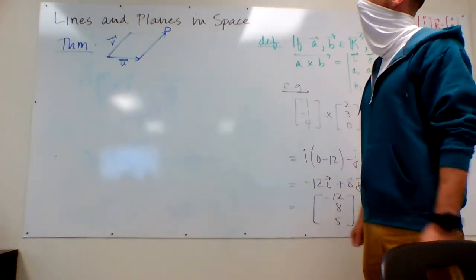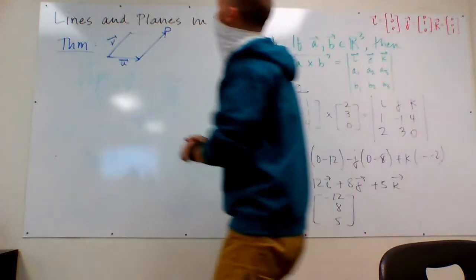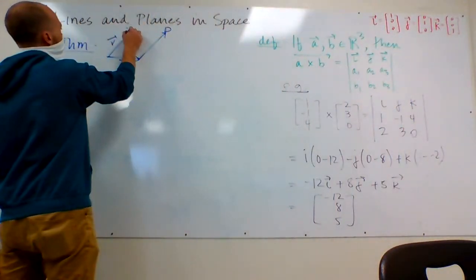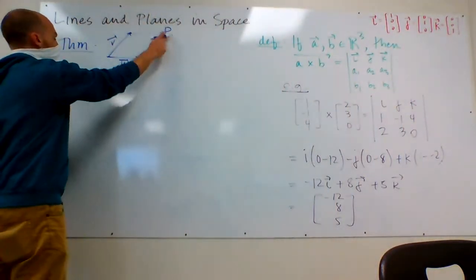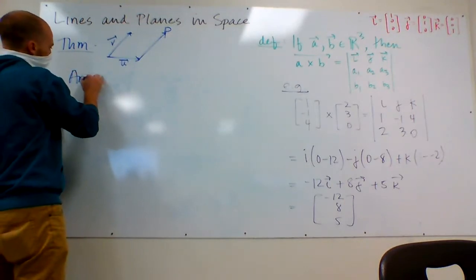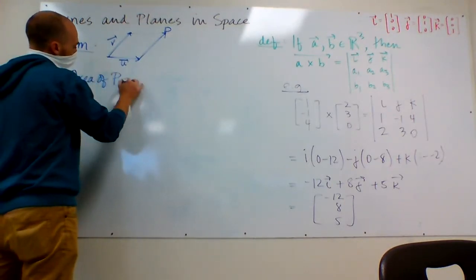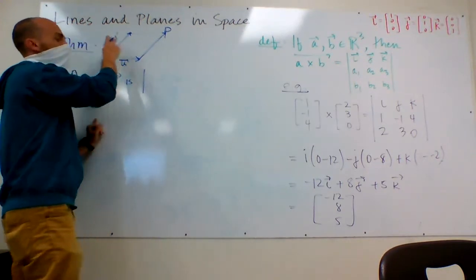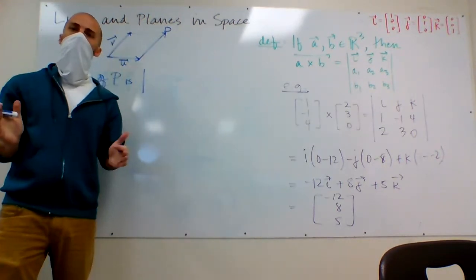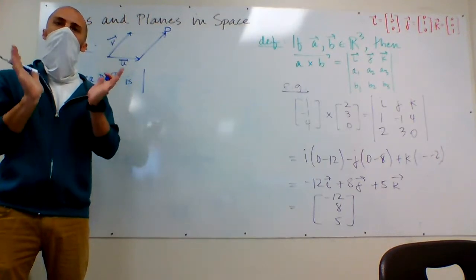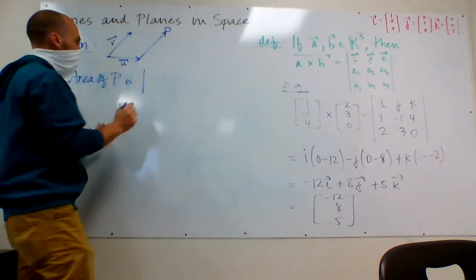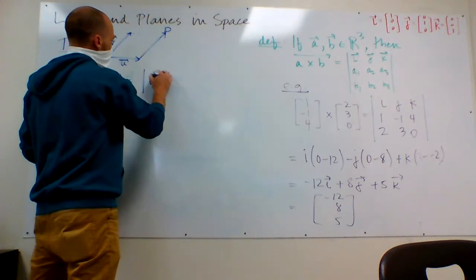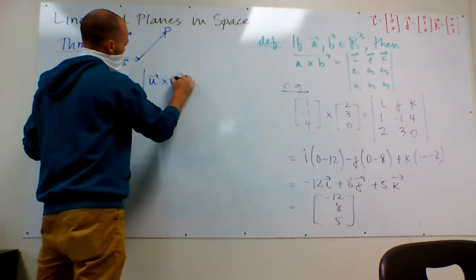Don't think I mentioned it in pre-calculus, but it is true that the area of parallelogram P is the length of u crossed with v. It's the length of the cross product of the two vectors that span the plane.